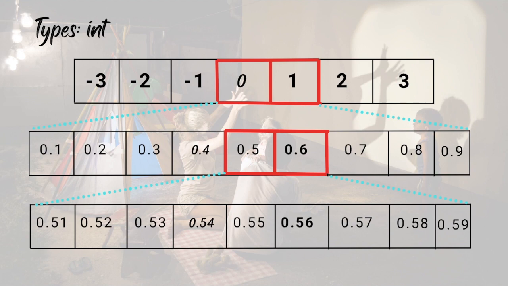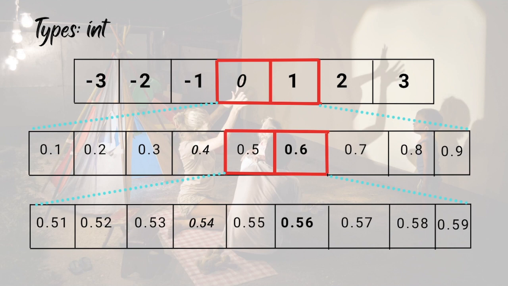Similarly, consider the numbers in between 0.5 and 0.6. We can select numbers in between them. These are floats as well. We can continue the process, zooming in for different numbers. Of course, there is a limit, but it is quite small.